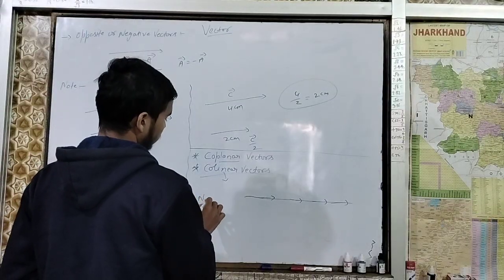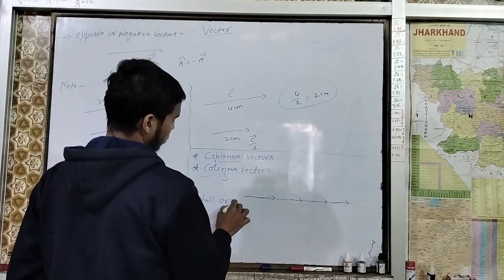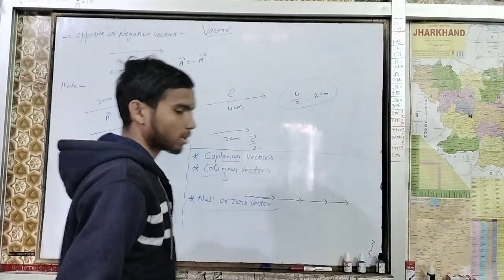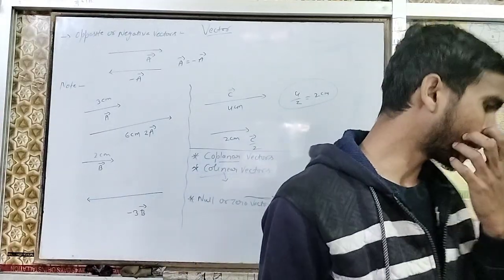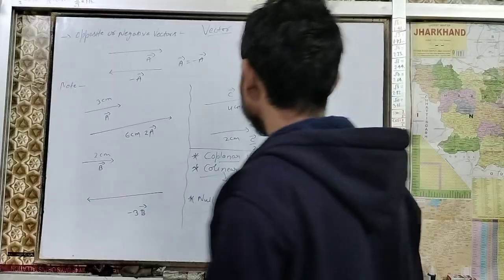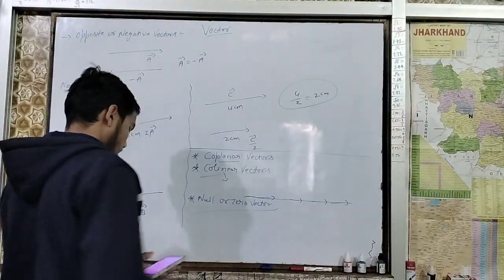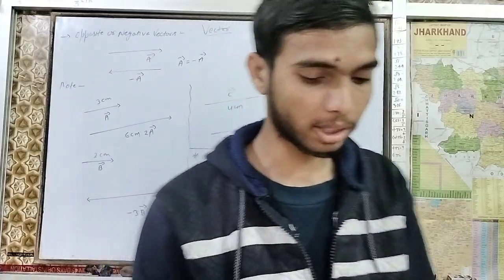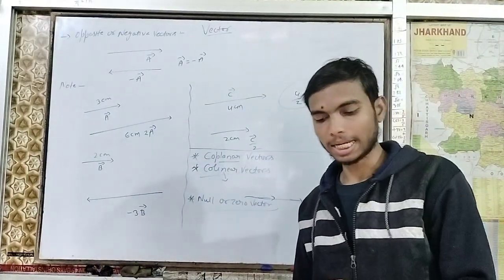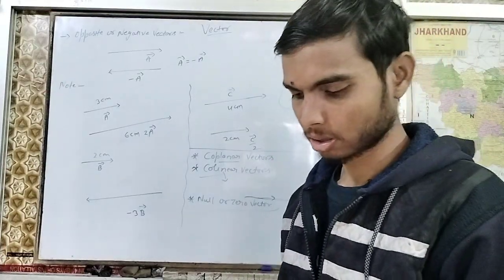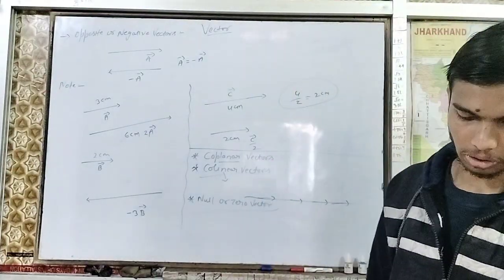Now next we have the null or zero vector. Remember, if there is a vector whose magnitude is 0, then that vector will be our null vector. So a vector with 0 magnitude is known as a null vector. Its direction is not specified because magnitude is 0.